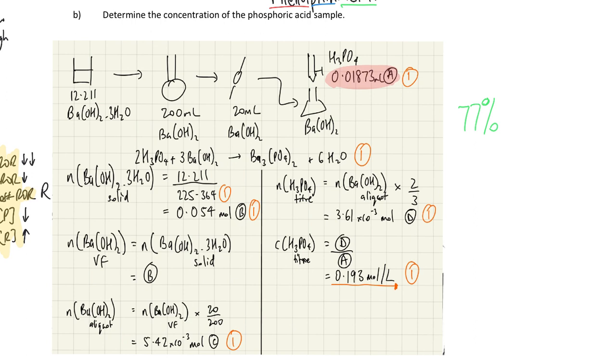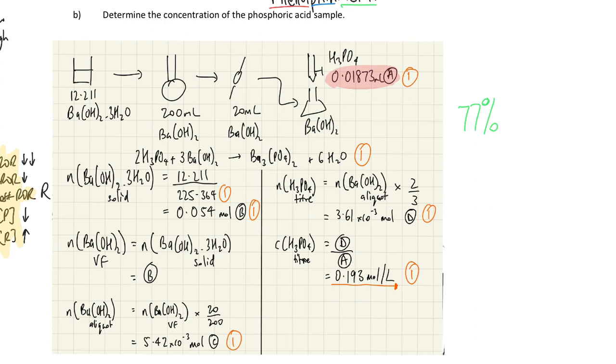You've got to look only at the concordant results, and there were only 3 concordant results. You have to show the average in the working space. You can't leave stuff out of the working space, and if you left stuff out of the working space, I did not give you a mark for it. So just remember, there's no point doing it on the table, writing it next to the table, and then using that value in your calculation without showing it somewhere in the working space. Okay, that's the first thing.